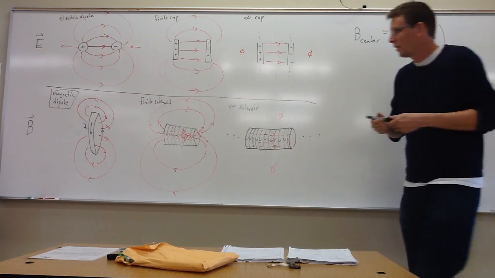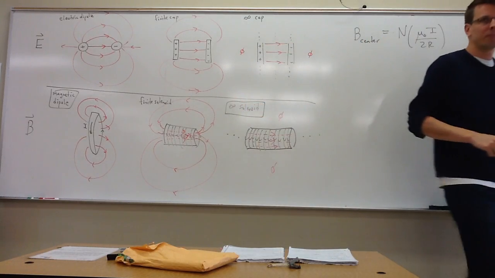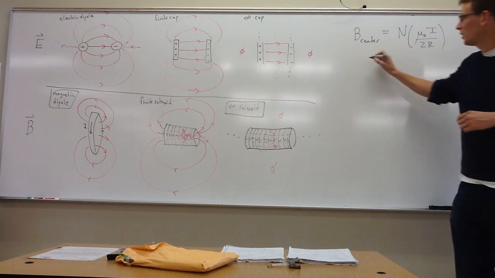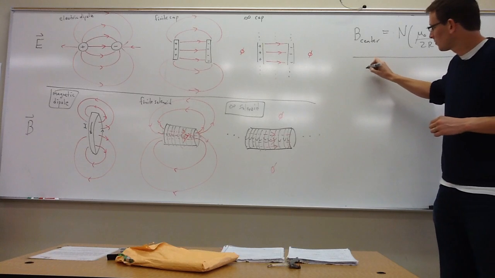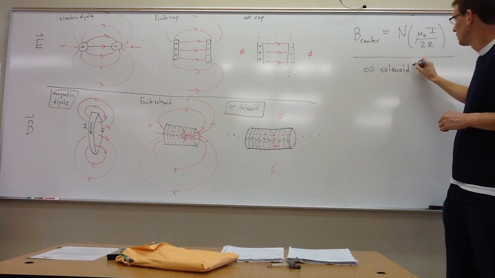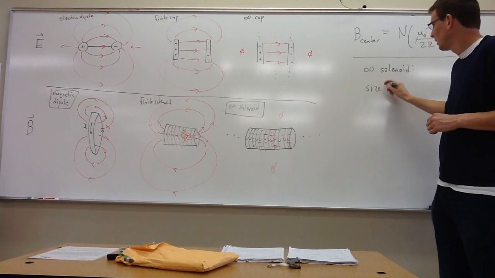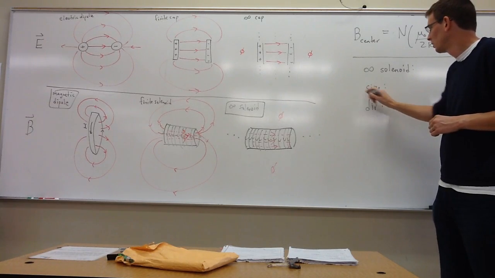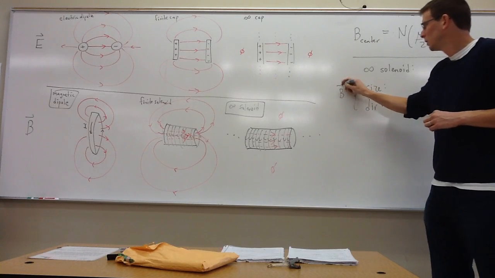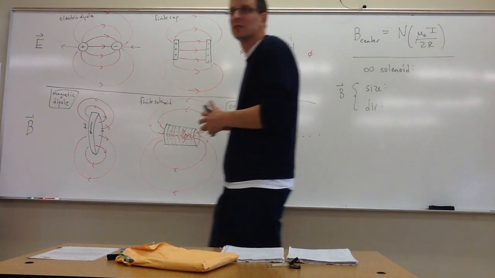So for the infinite solenoid, I'm going to have to tell you what becomes of the math. And here's what it is for the solenoid. For the infinite solenoid, we have to talk about the size of the magnetic field and its direction. And I'm going to have to just tell you what the formula is.